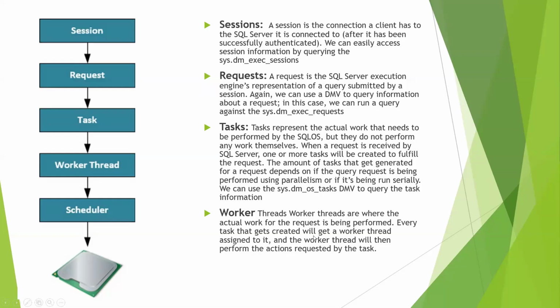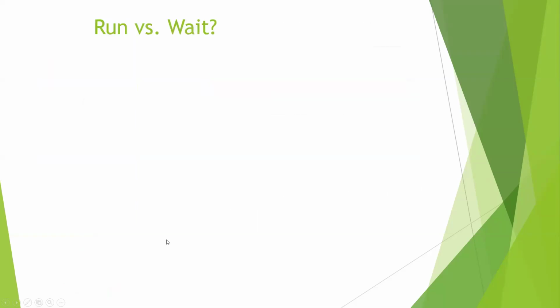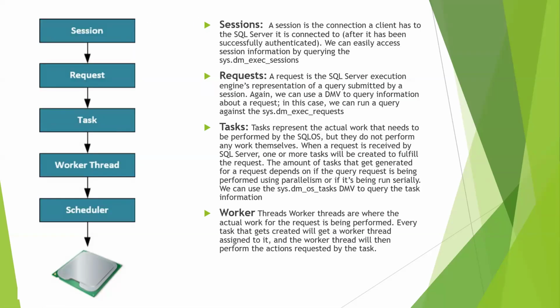Every task that gets created will get a worker thread assigned to it, right? Whatever task is generated, it will be assigned to a worker. The worker will go ahead and execute on the scheduler. So this is the overall picture.